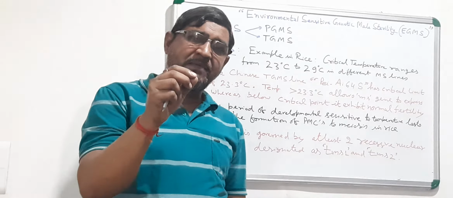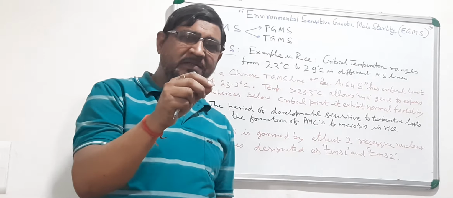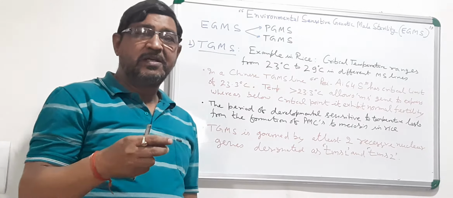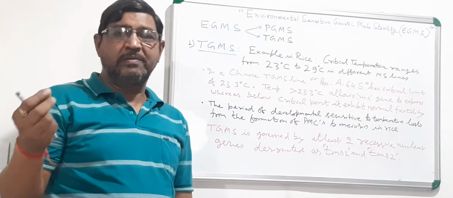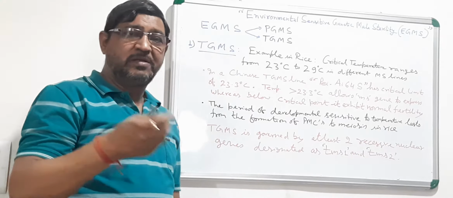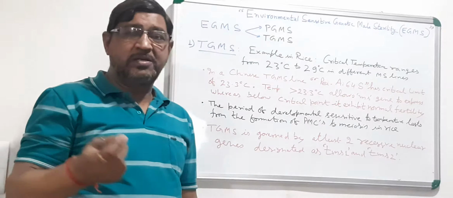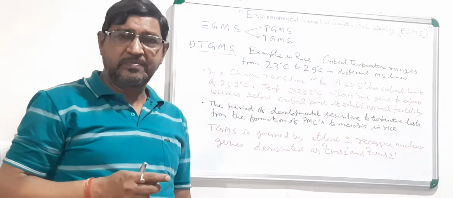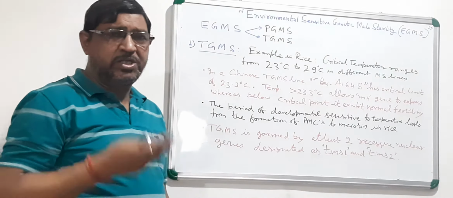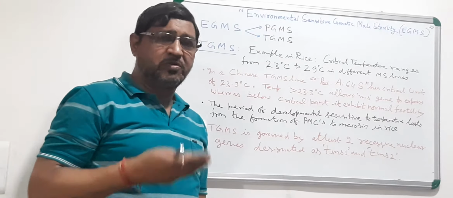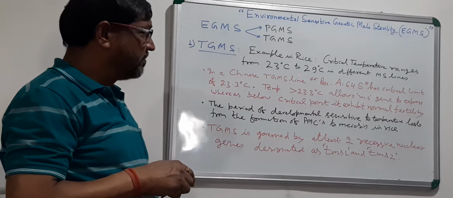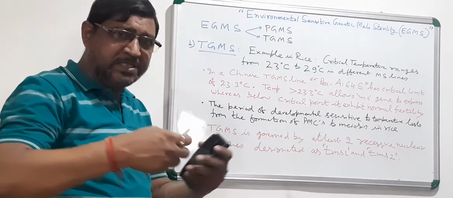If you are putting the same gene in one variety, the critical temperature is different. If you are putting the same genotype, same MS gene, TGMS gene, in another genotype, the critical temperature may differ. Maybe different TGMS genes are also influenced by different temperature ranges.